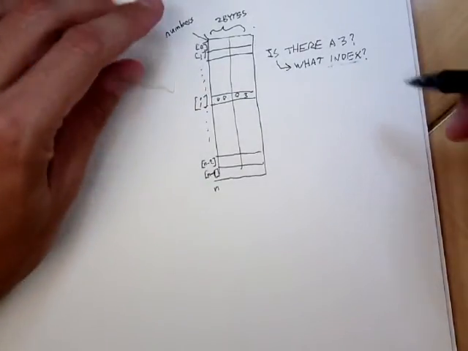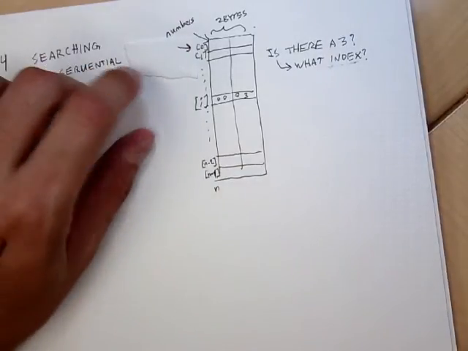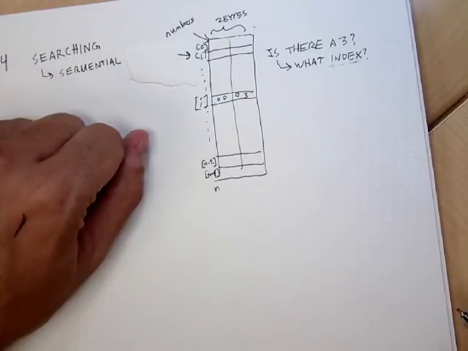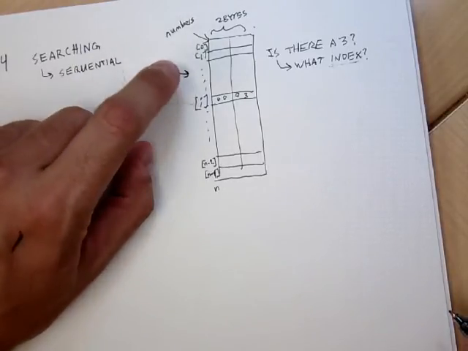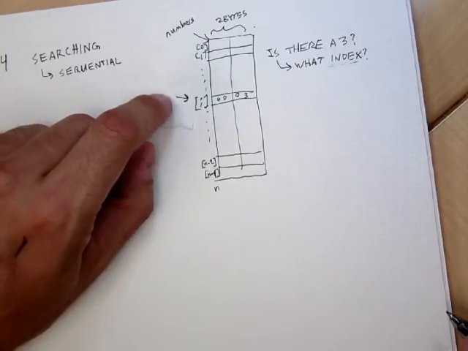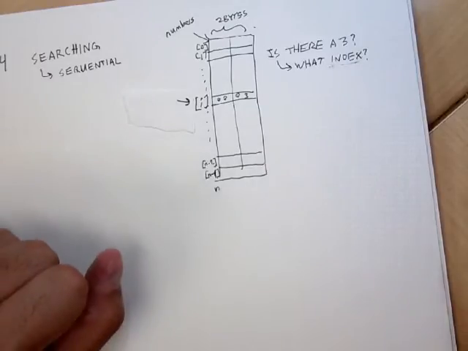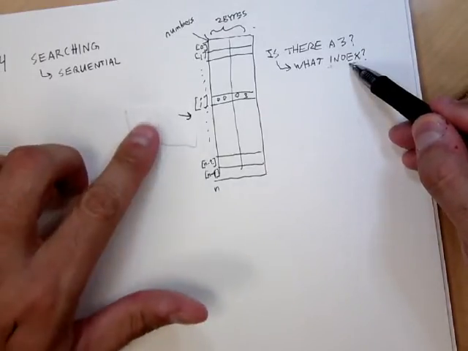You're going to start at position 0 and check if it's there, and if it's not, you're going to increment down to position 1 and check if it's there, and if it's not, you try position 2, 3, 4, etc. The very first time you find a match, you can stop, because you found a 3 and you know what its index is. There's no need to go down anymore.